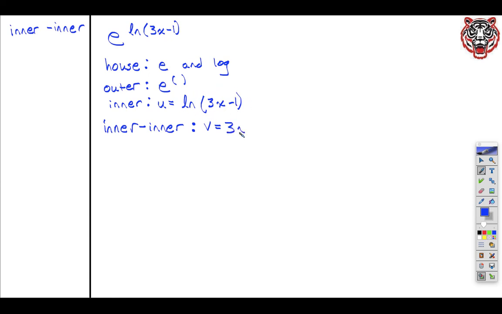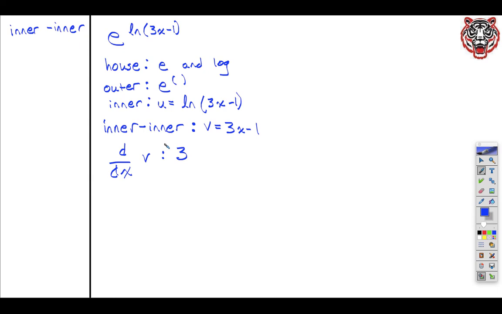There it is, 3x minus 1. Now if we take the derivative with respect to x of v, I should just get a number. I'm just trying to end with a number. This derivative is what? Shout it out. 3. Perfect.